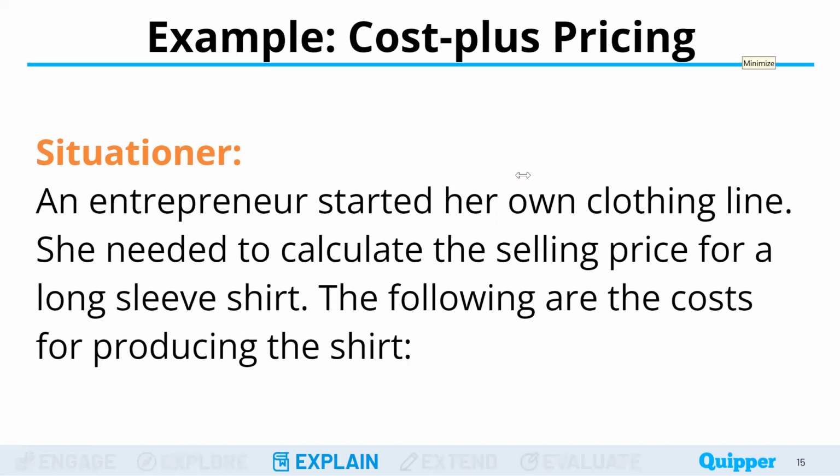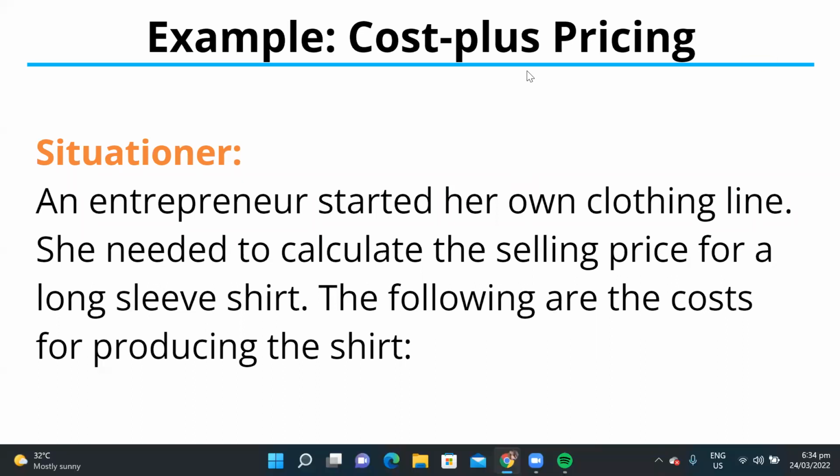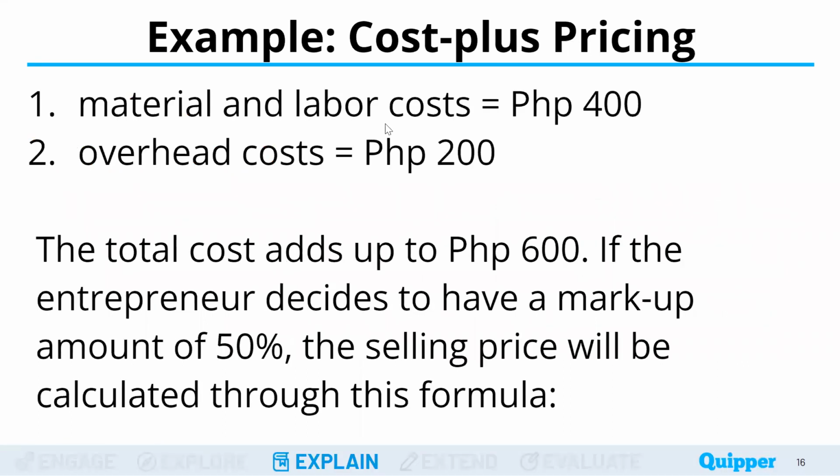Okay, so for example, cost-plus pricing. An entrepreneur started her own clothing line. She needed to calculate the selling price for a long sleeve shirt. The following are the costs for the product. Okay, so material and labor cost 400, overhead cost 200.